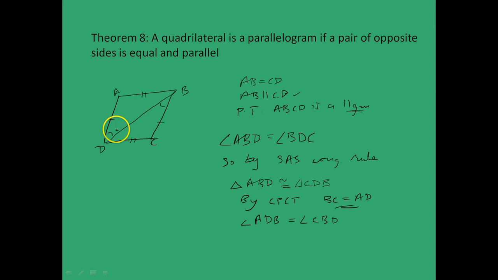And considering AD and BC to be a set of lines and BD to be the transversal, if these two angles are equal, this implies that AD is parallel to BC, and in fact they are. So we have proved that the opposite sides are parallel and equal if we are given that the other set of opposite sides are parallel and equal. And so therefore theorem 8 has been proved.